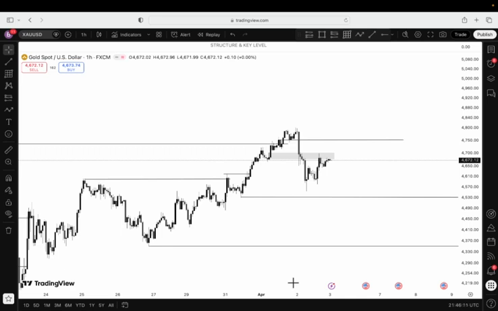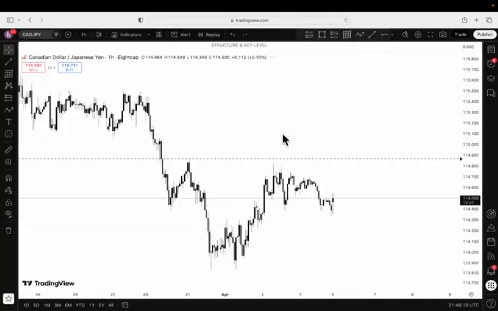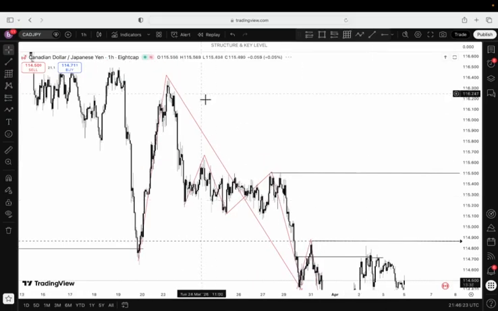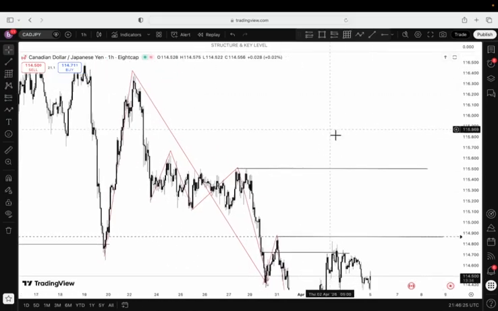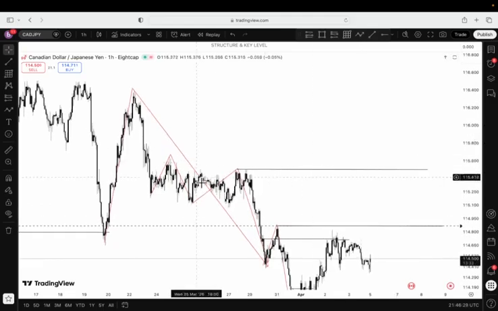For CAD JPY, why is the disruption not at the extreme top instead of the place you marked? Why is it not here? Okay, now I told you guys something about a failed external. I said a failed external is like an internal that has two instead of three, an external that has two instead of three internals.